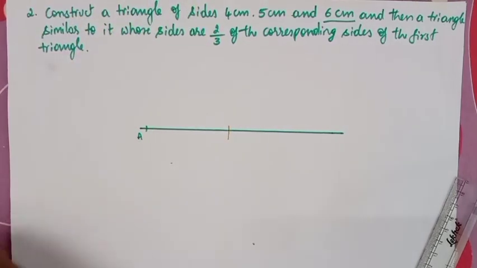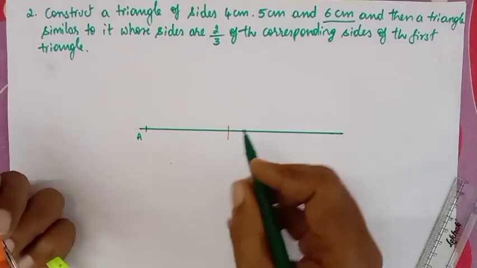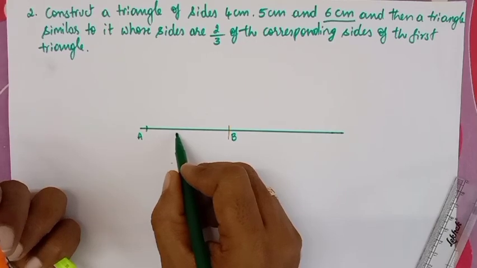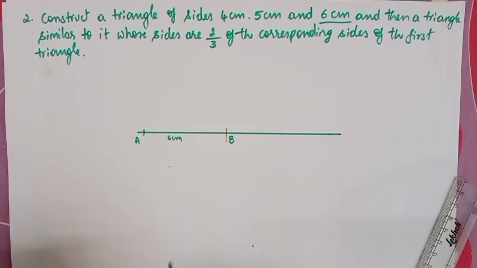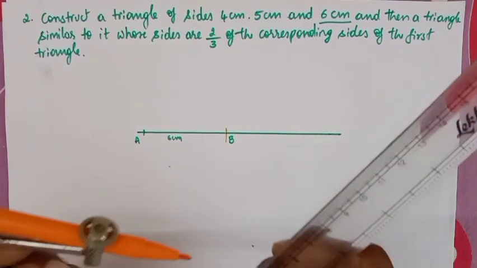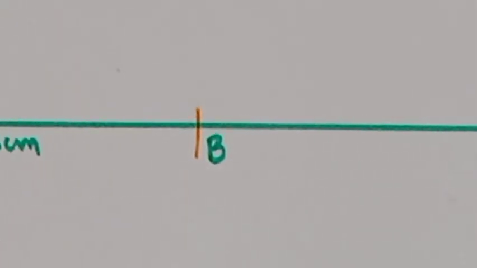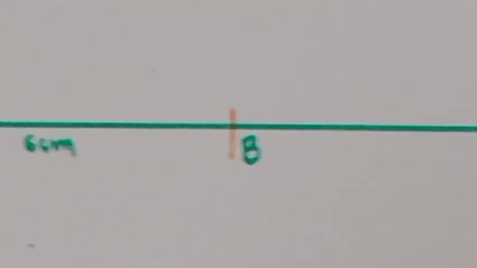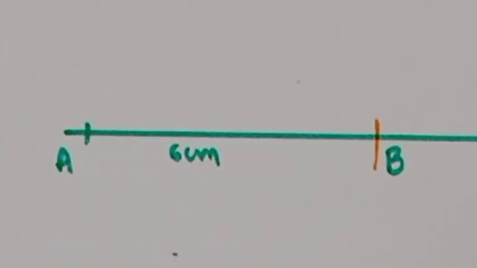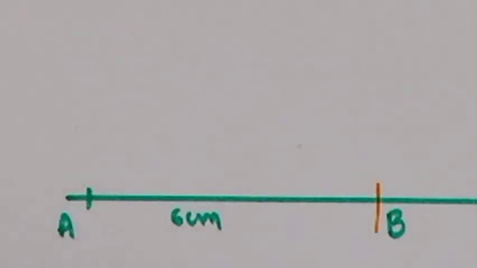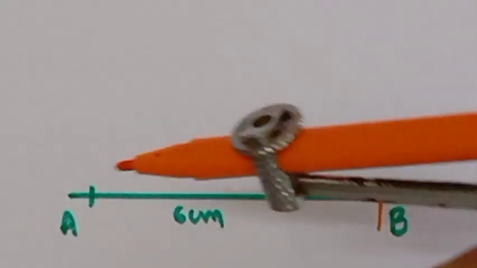And this point is B, and this will be equal to 6 centimeter. And then let me cut another arc of length 4 centimeter.